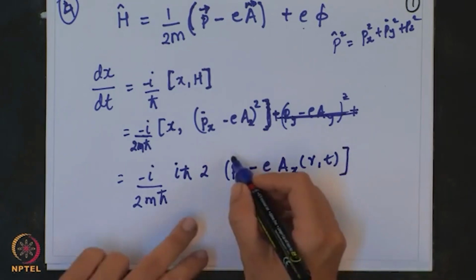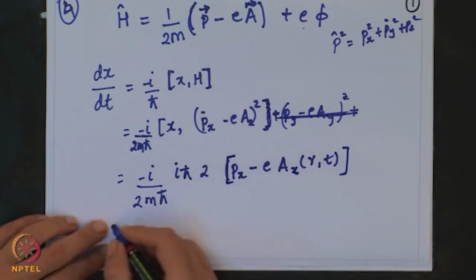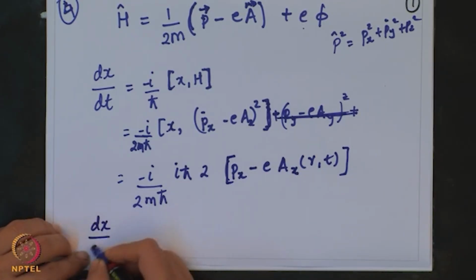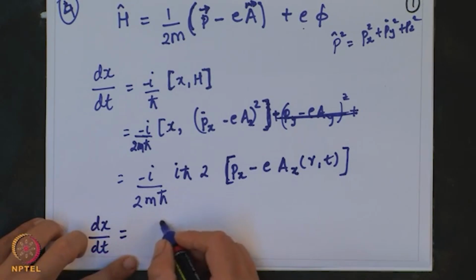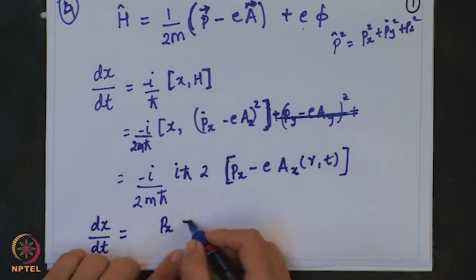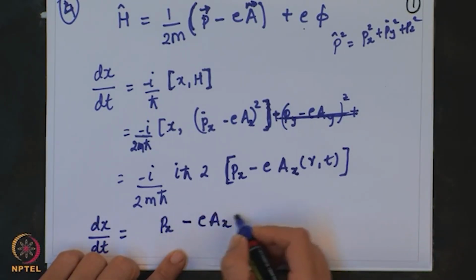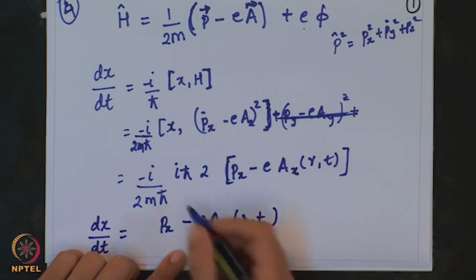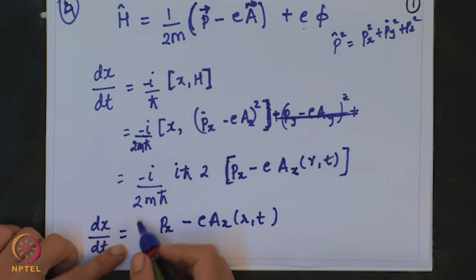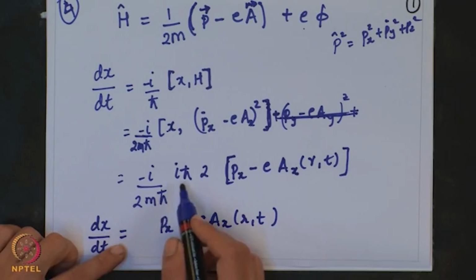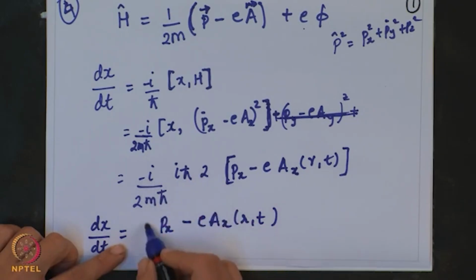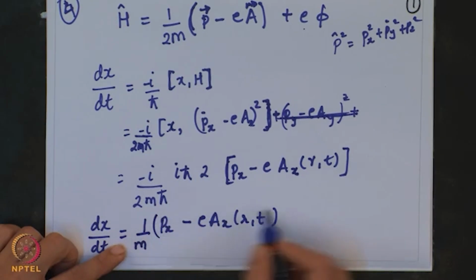So, this is what I have. Finally, dx by dt will be nothing but (px minus eAx(r, t)) times a factor, this will be 1, this will be 2, so 1 by m.